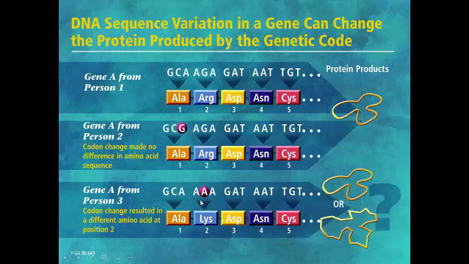AGA codes for arginine and AAA codes for lysine. So this G-A difference, again, is a single nucleotide variant. It's a difference in a single nucleotide. But notice here that it results in the code for a different amino acid. In this case, we have arginine versus lysine. So this is called a non-synonymous, or not the same, single nucleotide polymorphism.